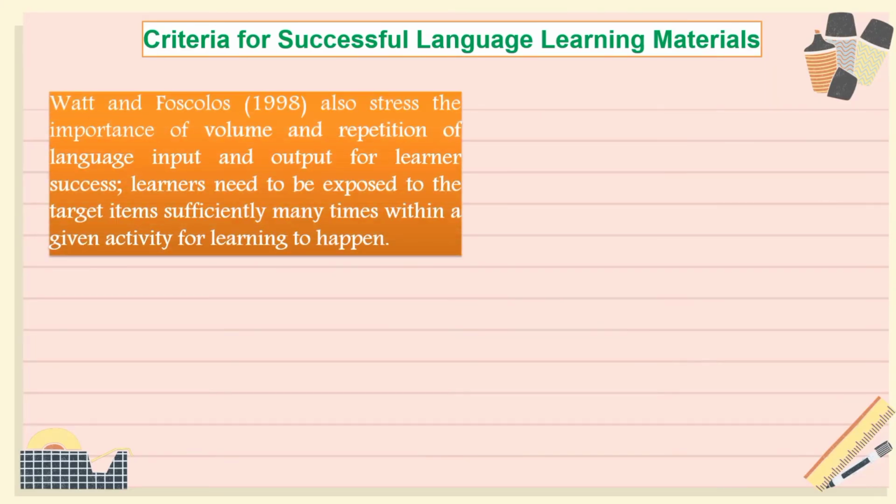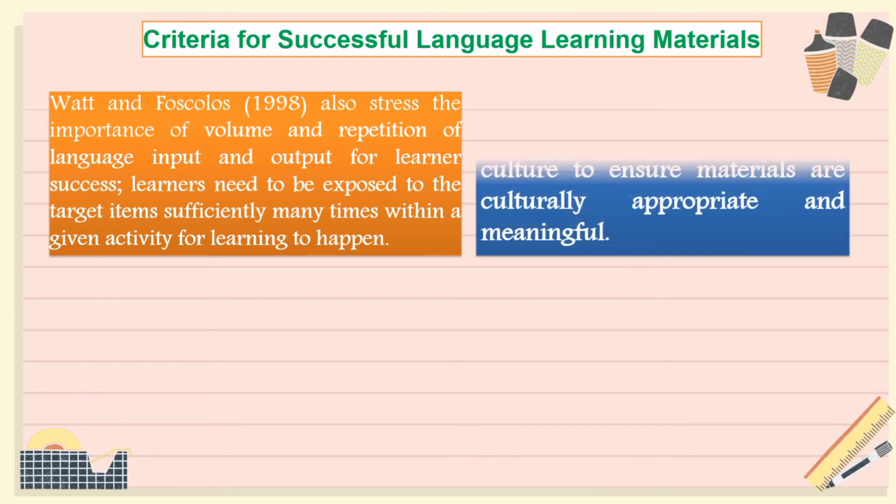In addition, Watt and Faskolas in 1998 stressed the importance of volume and repetition of language input and output for learner success. Learners need to be exposed to the target items sufficiently many times within a given activity for learning to happen.